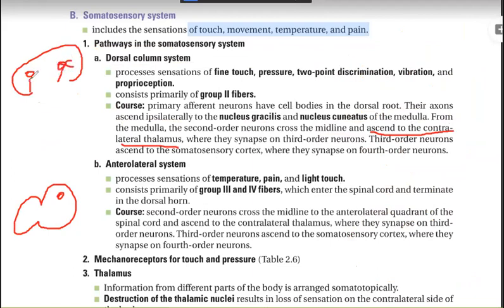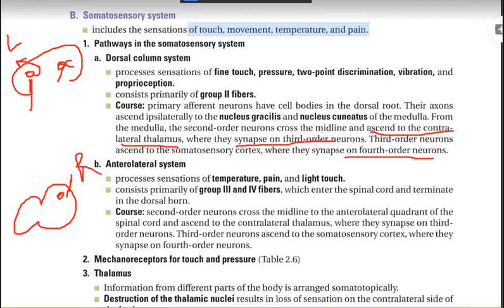So we are here now and we started from here. So let's say if this is right and this is left, from the right we are going to the left. So we are going contralaterally, okay, where they synapse on third order neurons. So the third order neurons are present here, okay. Now from here, the third order neurons will ascend to the somatosensory cortex, where they synapse on the fourth order neuron.